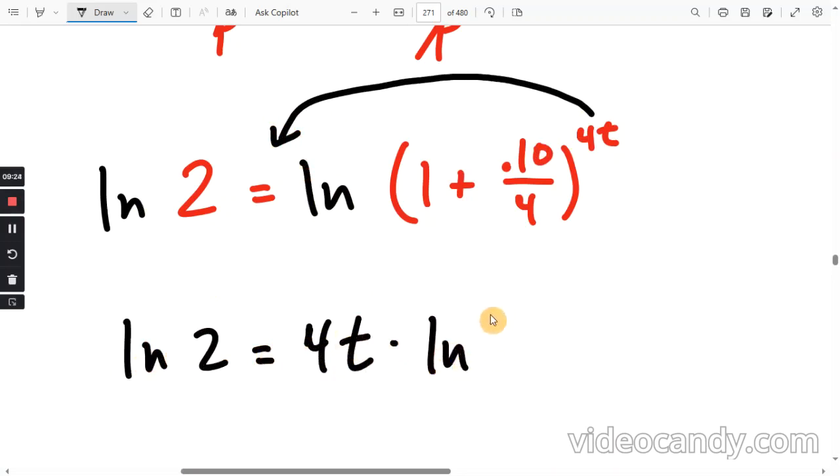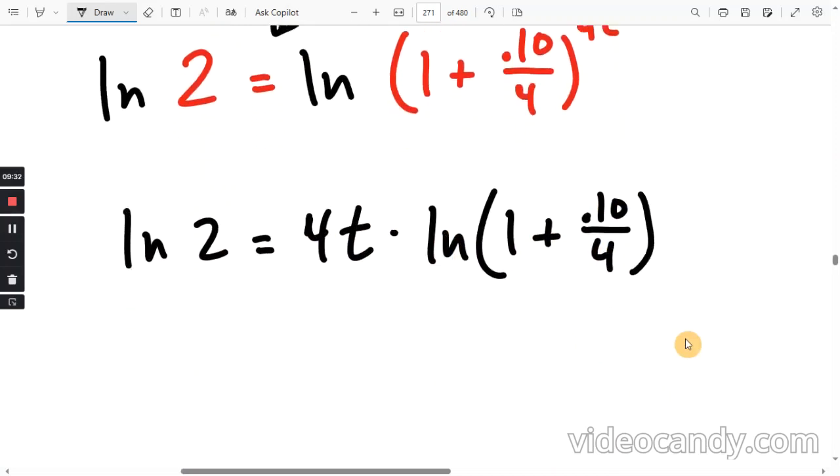times ln of 1 plus 0.10 over 4. These are all multiplied. This is 4 times t times ln. The opposite of times is divided by. So since it's times, we're looking to solve for t. Since it's times 4, I'm going to divide it by 4.